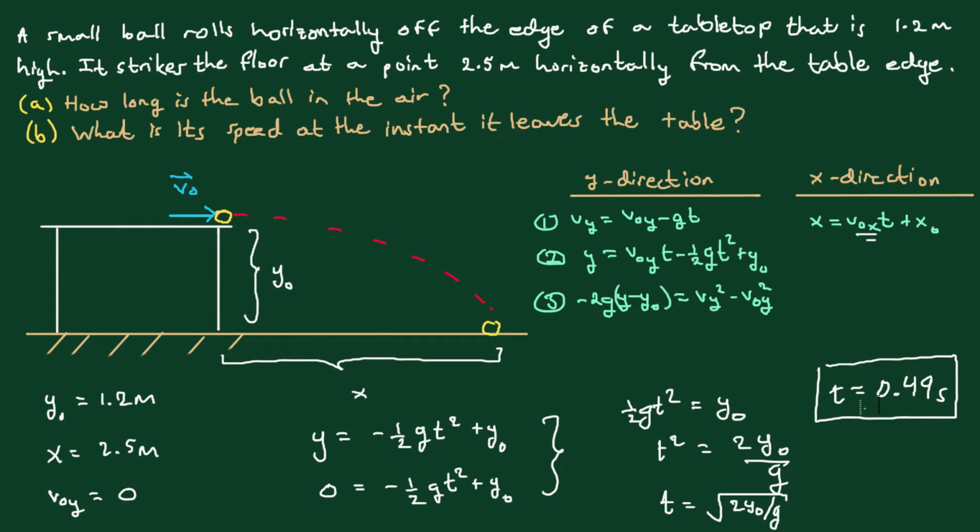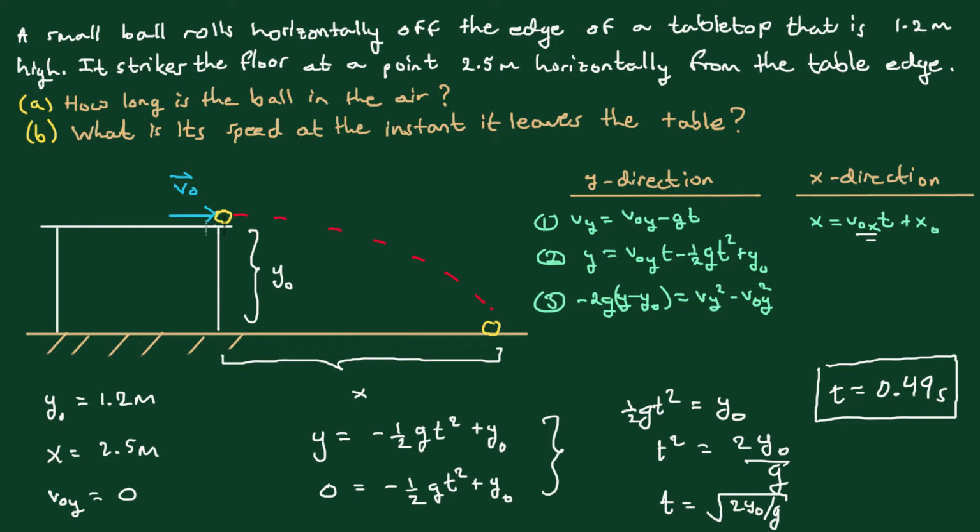The good thing is, if we use this equation, we have already solved for t. We also know what x0 and x are. x0 is the initial x distance of the ball, and we can choose this initial x distance to be 0.